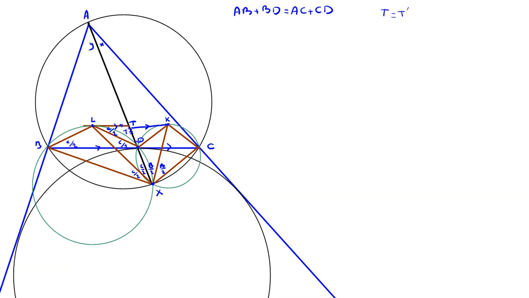Now, let's find DT. If we prove DT equals DT prime, then the problem will be solved. Now, let's see what we can say. This angle is X because of this circumcircle ABC; it sees this arc.